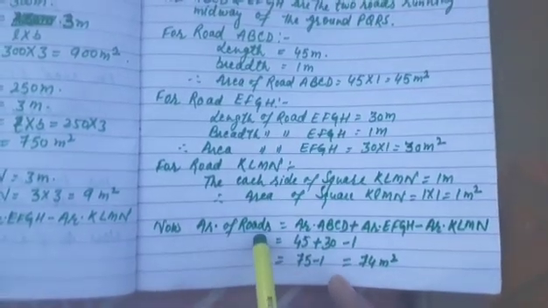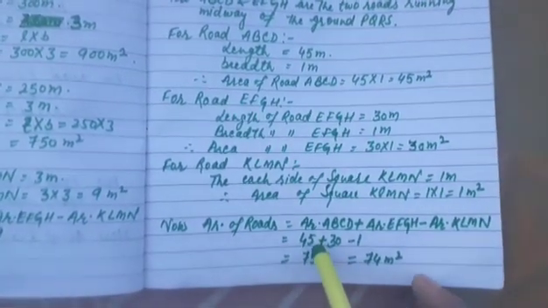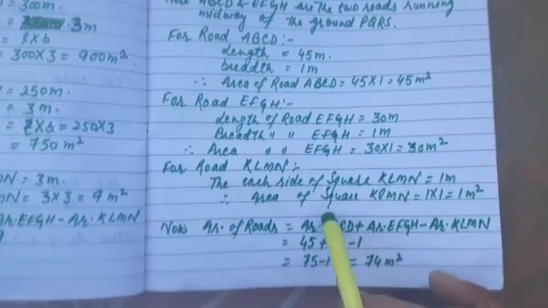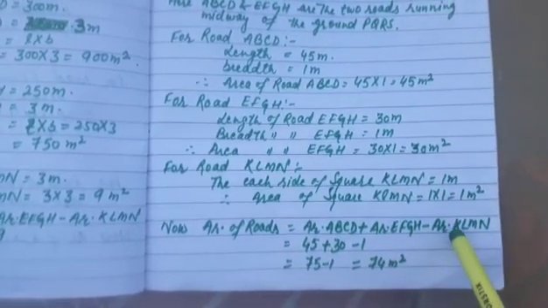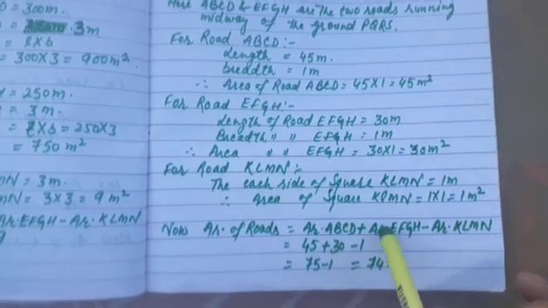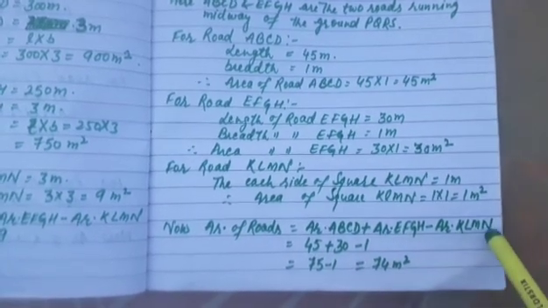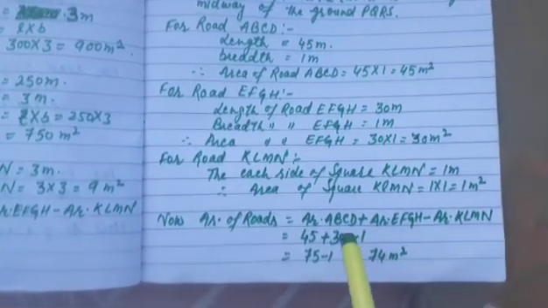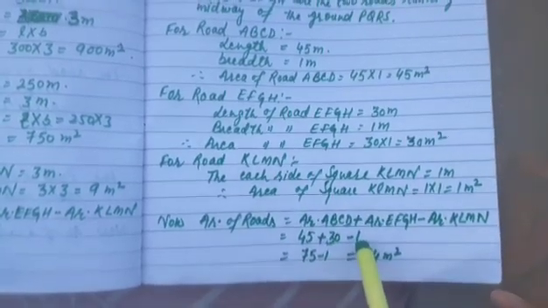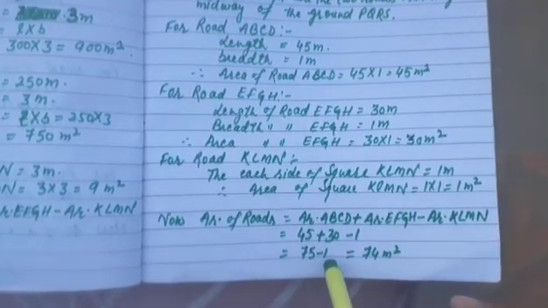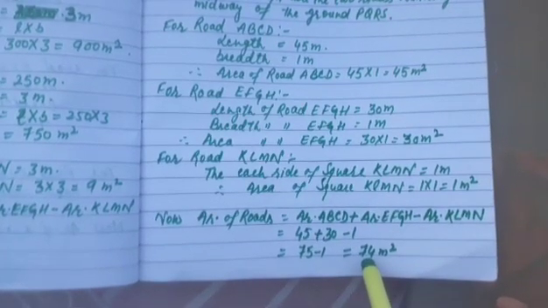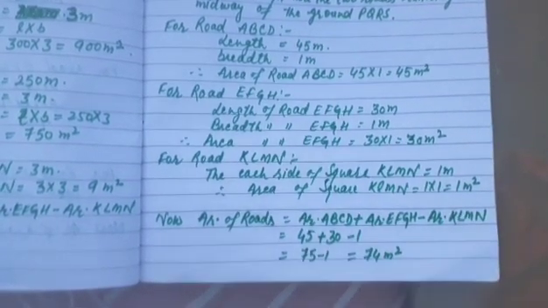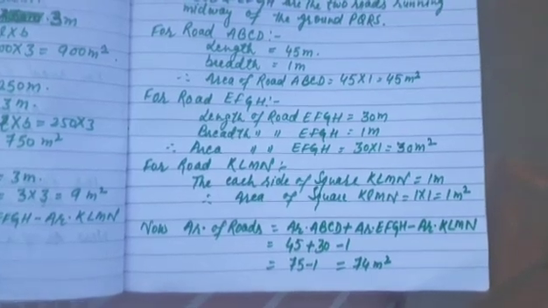Therefore the area of roads is the area of the first road ABCD plus the area of the second road EFGH, and this common region KLMN, which is a square, we have to subtract from the sum of these two roads. So 45 plus 30 minus 1, that is equal to 75 minus 1, that is 74 meter square. So this is the answer, the area of roads.